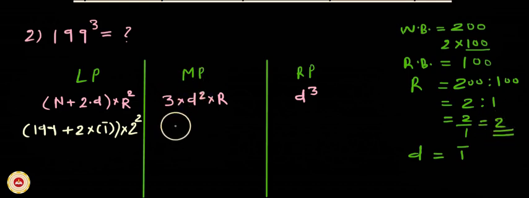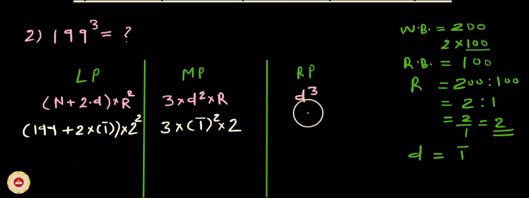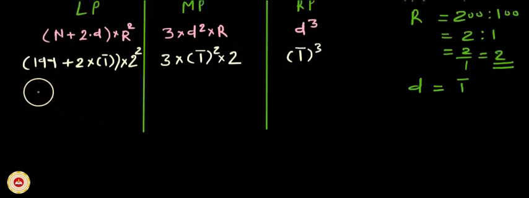What is the middle part? 3 multiplied by deviation squared, that is -1 squared, multiplied by ratio R, which is 2 in this case. What is the right part? Deviation cubed. What is deviation? -1 cubed.